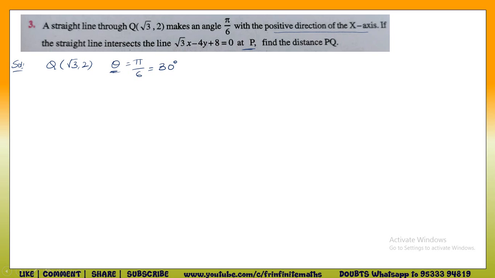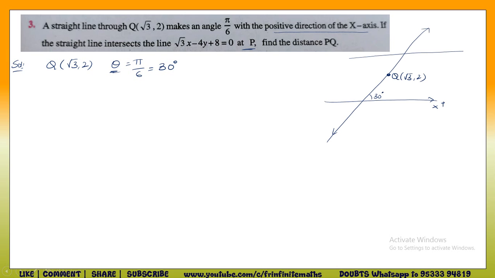Now let us analyze this particular figure. Now he has given a straight line. So this straight line is making an angle of 30 degrees with the positive direction of x-axis, and it is passing through a point Q, root 3 comma 2, and he is saying that the straight line intersects the line root 3x minus 4y plus 8 is equal to 0.